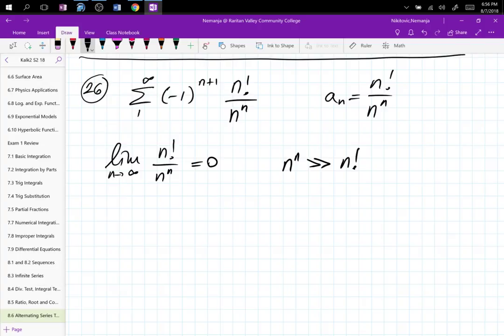When you have a faster function in the denominator, the limit as n goes to infinity is 0. So it passes the first condition.